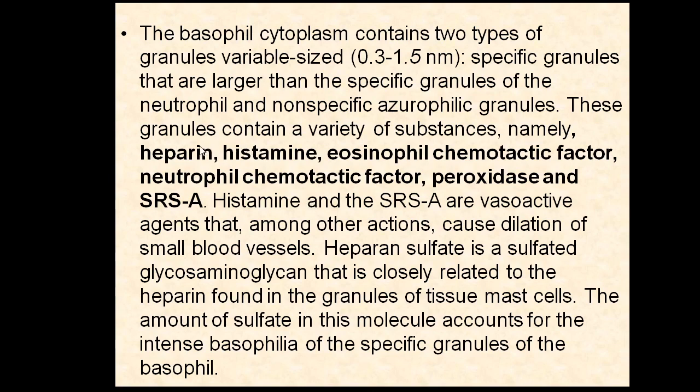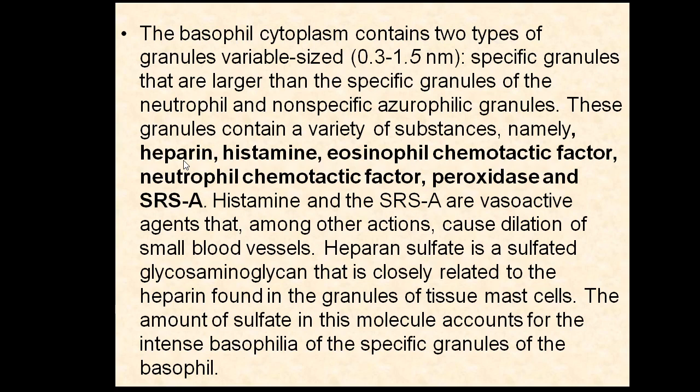But the second antagonistic factor is heparin. Heparin has another function. It decreases the coagulation of the blood and increases the velocity of the extracellular matrix. But heparin isn't secreted very easily from the basophil.